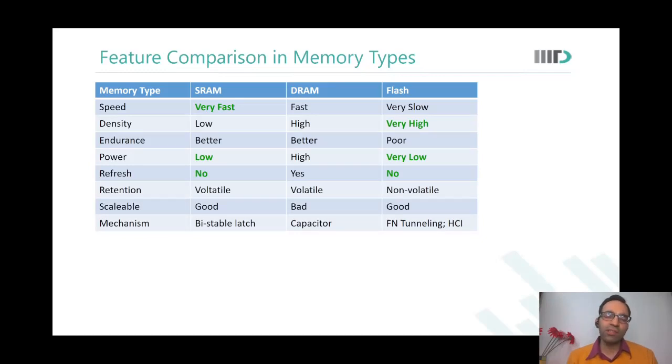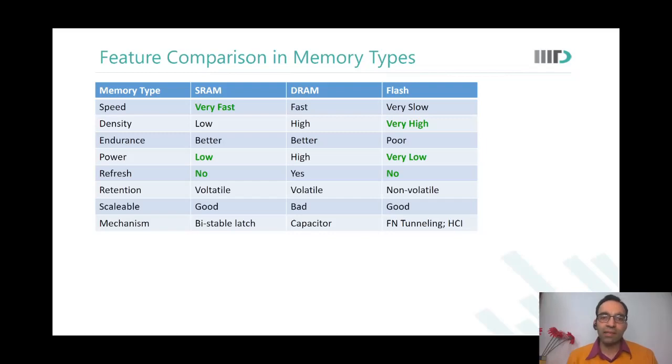Because, for example, if you can do only 1 lakh writes onto a flash, and you have a chip that is operating at 1 gigahertz and the memory activity factor is 0.1, how many accesses do you need to the memory within 1 second? 0.1 giga, 100 million.